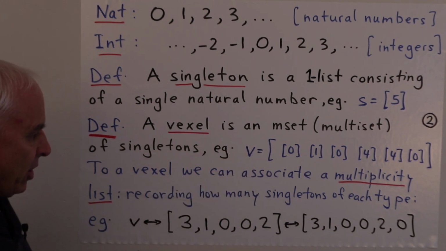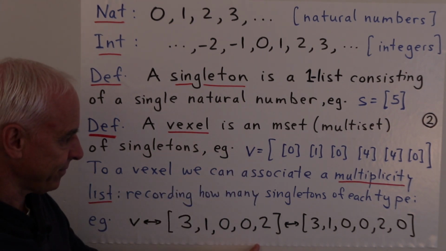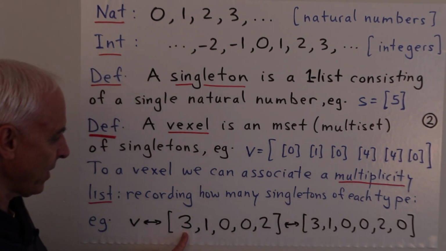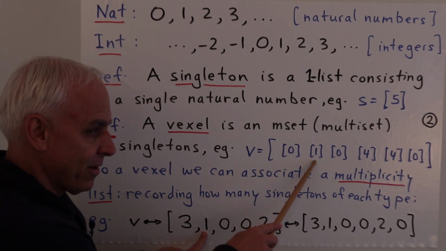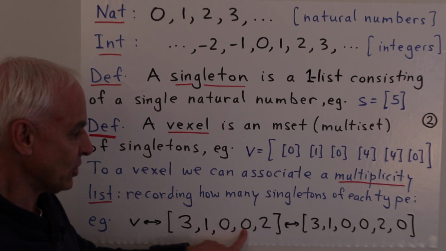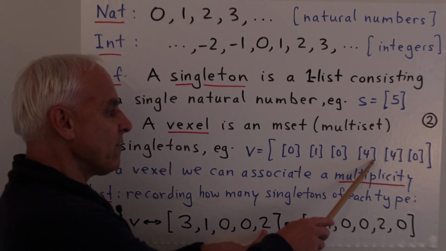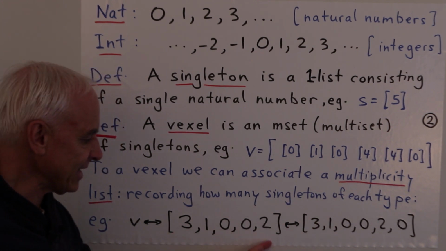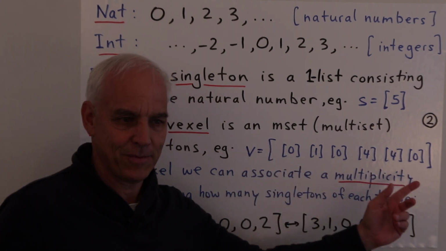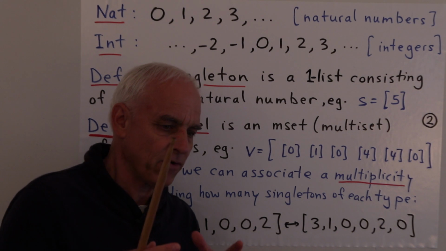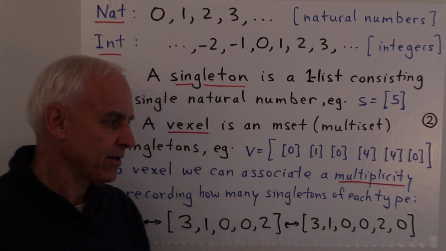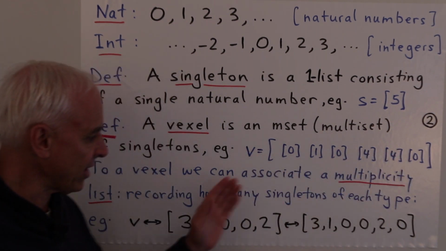So this vexel here, we could associate to that the following list, starting with 3, telling us that there are 3 singleton 0s, then a 1, telling us there's a single singleton 1, and then a 0, there's no singleton 2s, there's no singleton 3s, and then there are 2 singleton 4s. So this list essentially encodes the same information as this multiset. They're almost equivalent, so they're sort of different ways of describing the same collection. But I'd like to think of this as being sort of the primary object, and this is a kind of descriptive form of it.